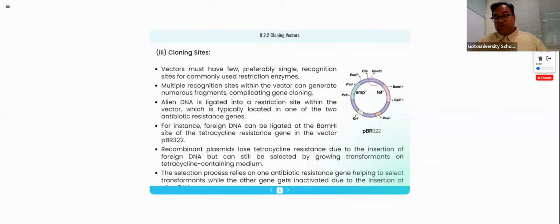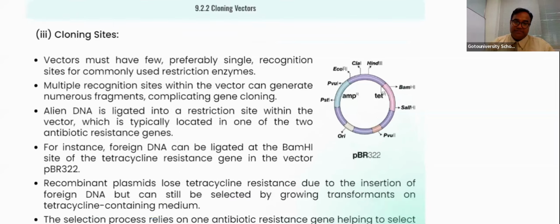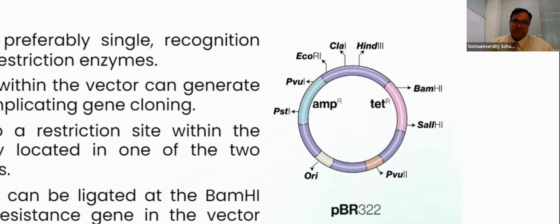This site is broken by the restriction enzyme of Haemophilus influenzae. This site is broken by the restriction enzyme of Bacillus amyloliquefaciens, right? In the board exam, they will confuse us in many ways by showing the pictures in detail.